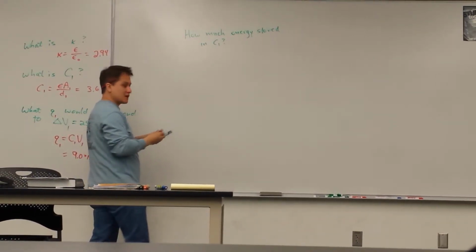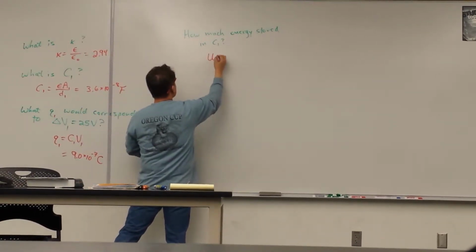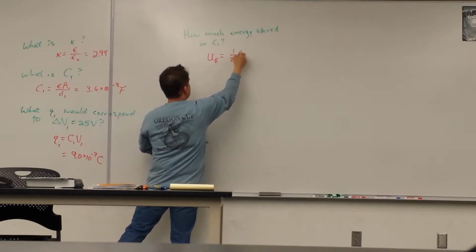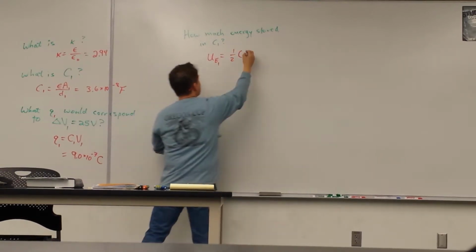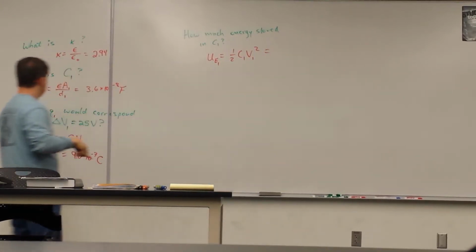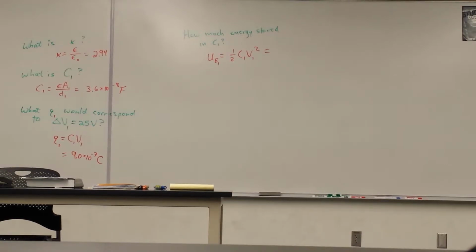Probably knew that question was coming, maybe. So the energy in this capacitor would be 1/2 C1 V1 squared. So 25 squared divided by 2.